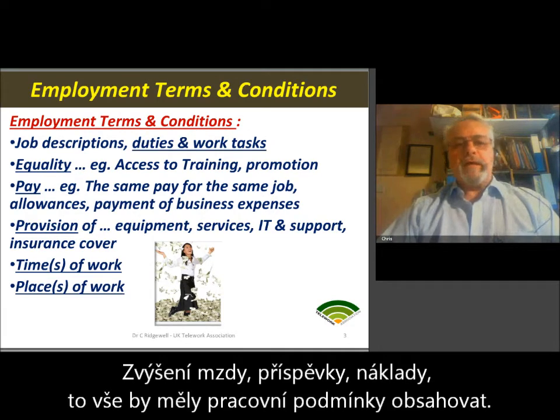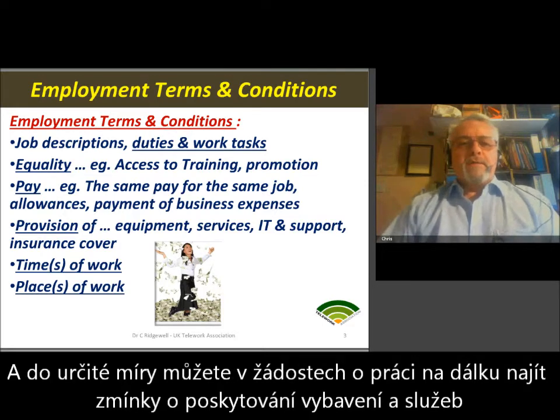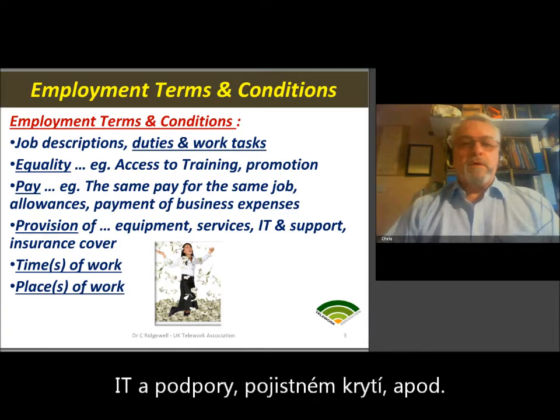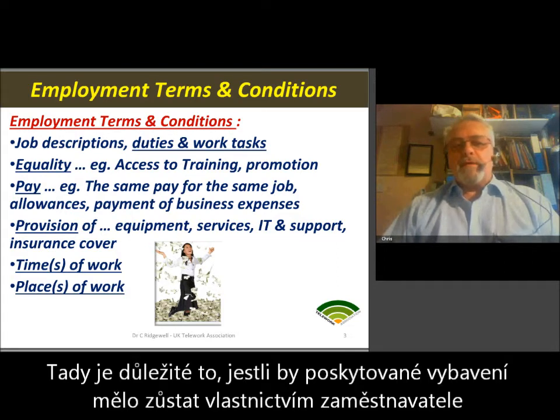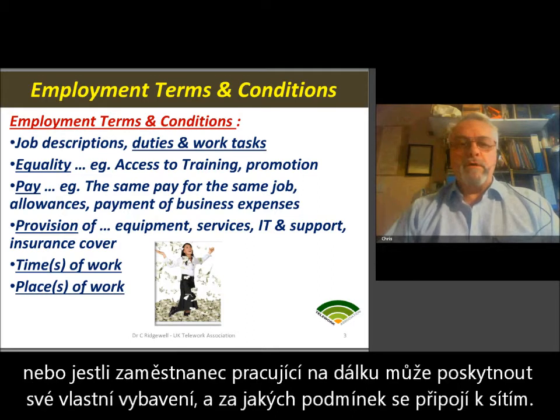Rates of pay, allowances and expenses should be included in those terms and conditions, and to some extent you'll see in remote working applications statements about the provision of equipment and services, IT, support, insurance cover and so on. Big thing there is whether the equipment supplied actually remains the property of the employer or whether in fact the remote worker themselves can provide their own equipment and under what terms and conditions they connect to networks.